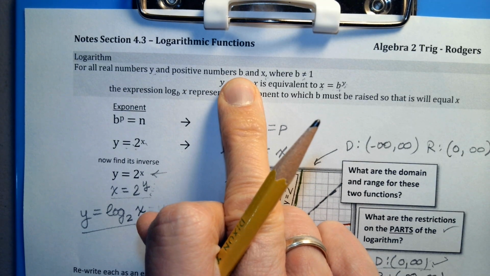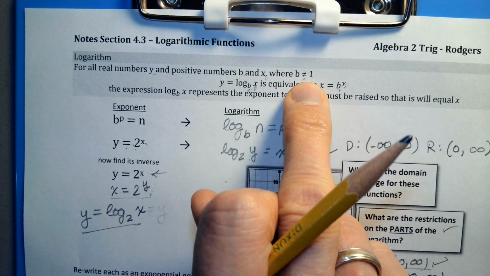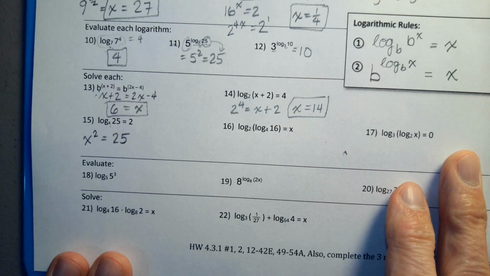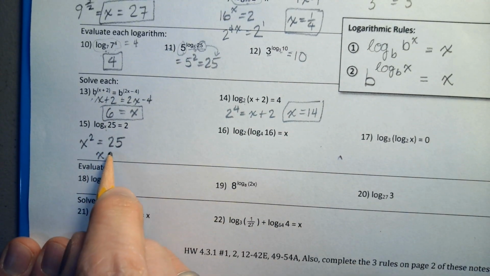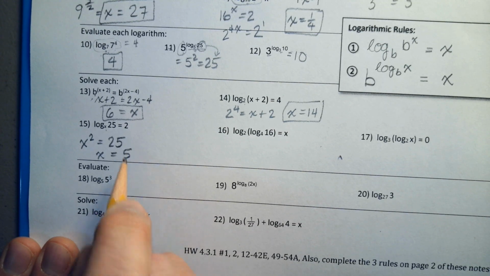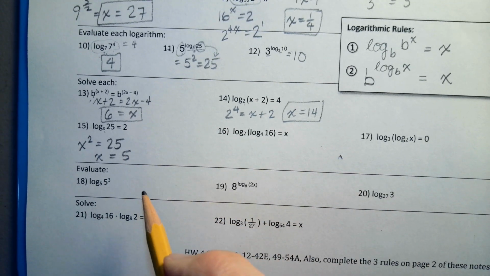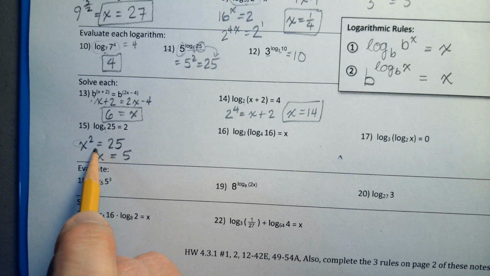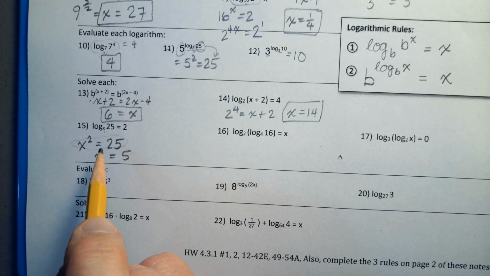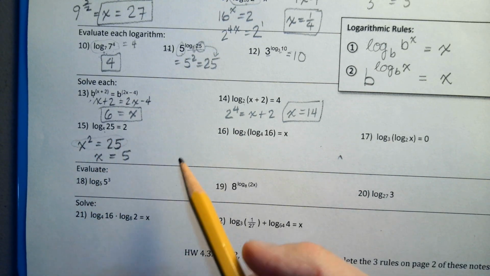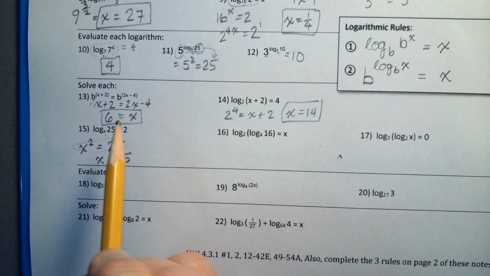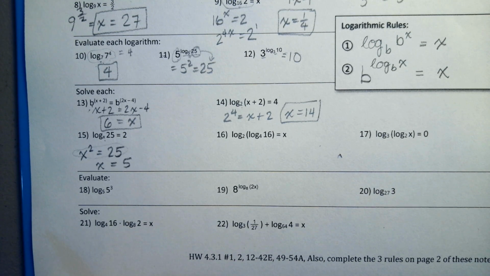Can't be 0, can't be negative, can't be 1. So when we take the square root of both sides, x is going to be equal to 5 only. If I was just solving this by itself, yes, I would say plus or minus 5, but the thing we're looking for is the base of a logarithm, so the base cannot be negative.